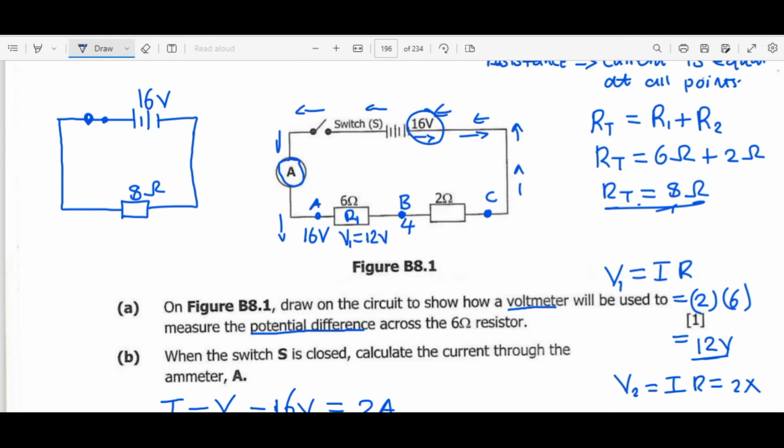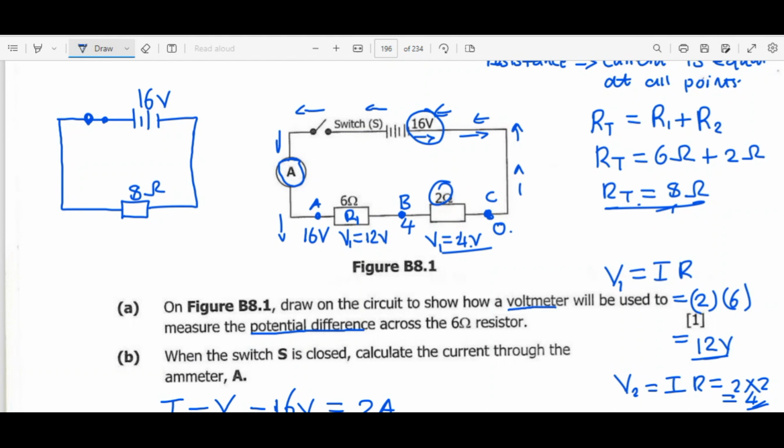Now the resistor is 2. So 2 times 2 is 4, which means that 4 volts is used by the 2 ohms resistor. So at this point, we are going to have 0 voltage.